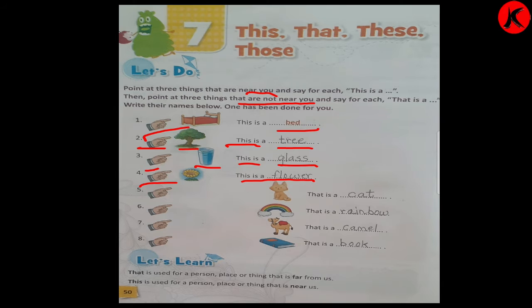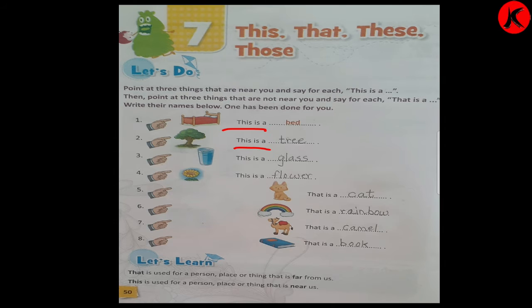Now, did you follow this exercise? The picture which is near you, near us, we have to use the word this. THIS, this. This is a bed. Again, this is a tree. This is a glass.